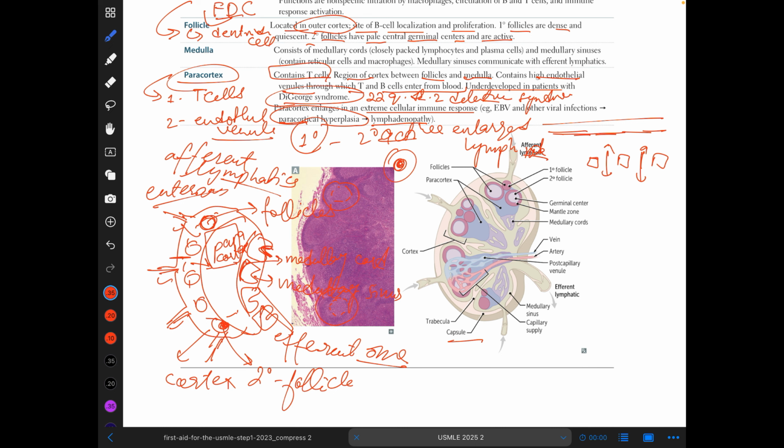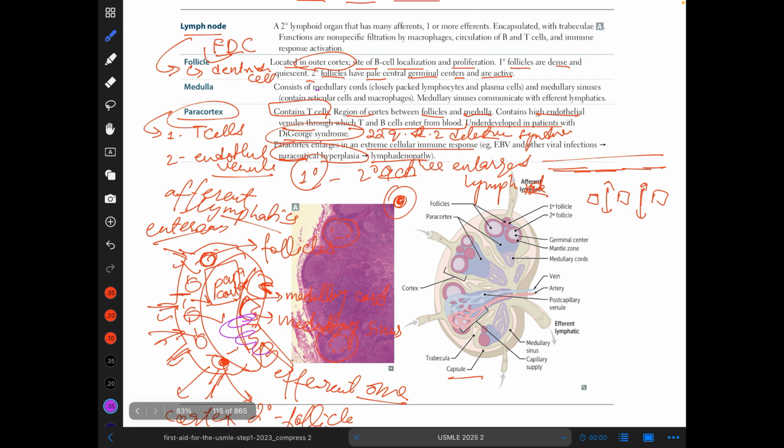And secondly, if you move into the lymph node, first you get the cortex, then the paracortex, and after that you go towards the medulla. In the medulla, there are two parts, the medullary cords and the sinuses. In the medullary cord, there are packed lymphocytes and plasma cells. In the sinuses, you will find reticular cells and macrophages.